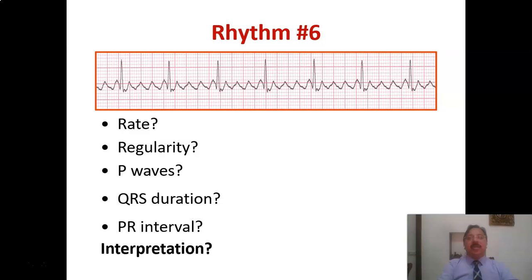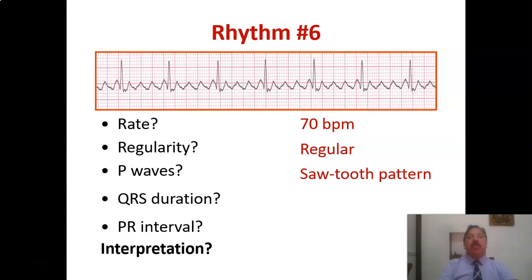Rhythm number 6. Look at this rhythm strip. And rate. Rate means ventricular rate. Slow, fast, normal. It's approximately 70 beats per minute. Is it regular or irregular? Regular. Can you see P waves?